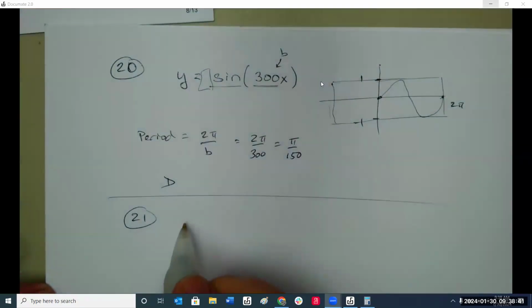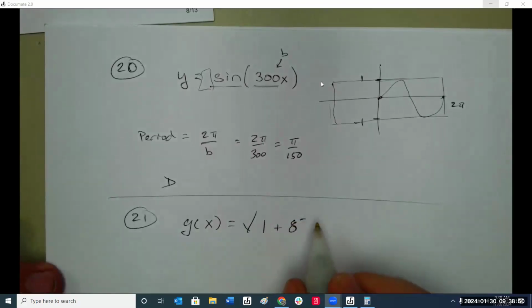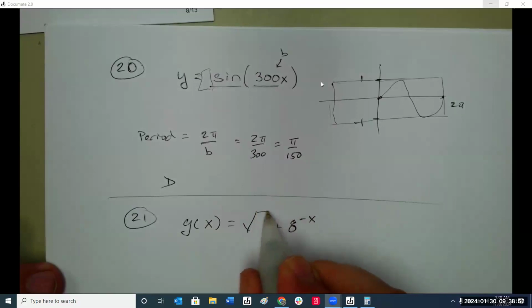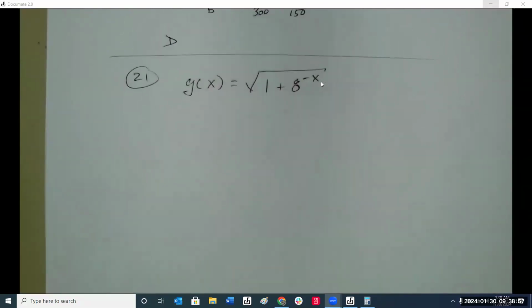Find the domain and range of this function. Find the domain and range of that function.